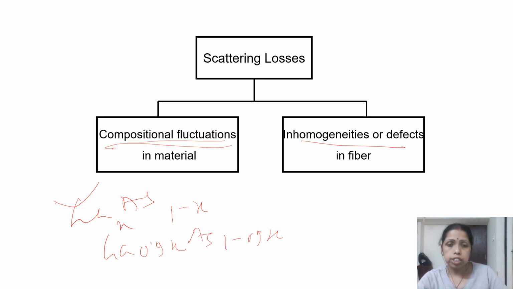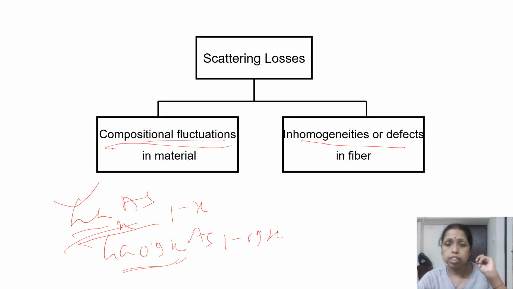This is the composition fluctuation. Due to that, the light does not hit the proper location and is not reflected back from the core-cladding interface. It propagates in different directions.